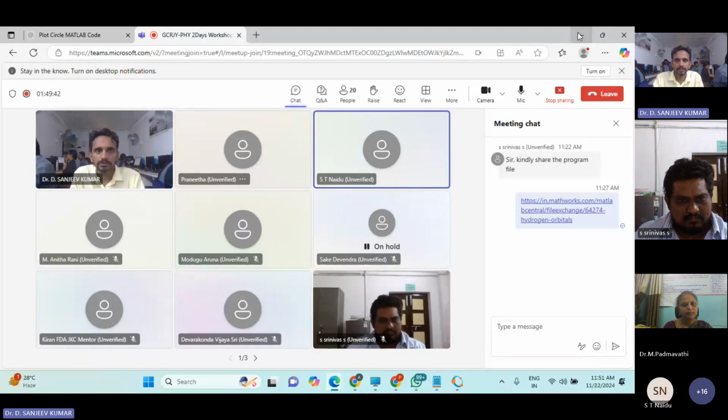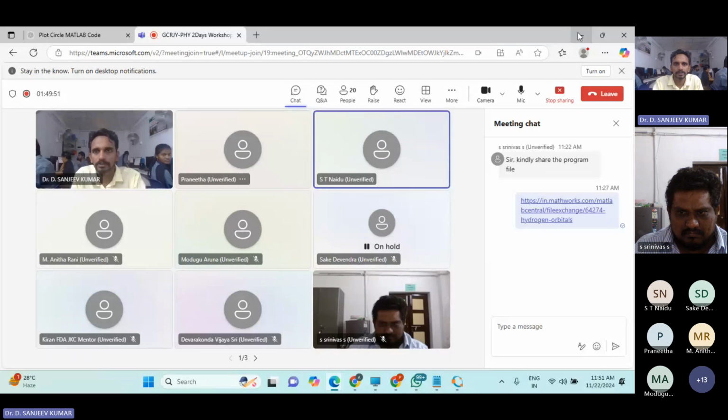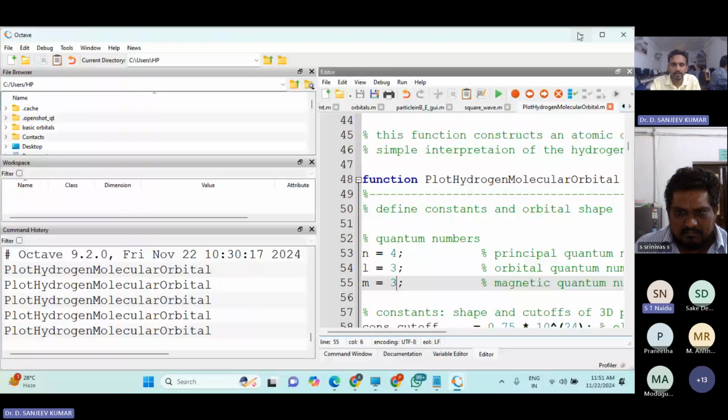Instead of just numerical calculations, you can go for symbolic calculations, like you'll get results in terms of functions. Even integrations and differentiations can be performed just by using symbolic calculation.